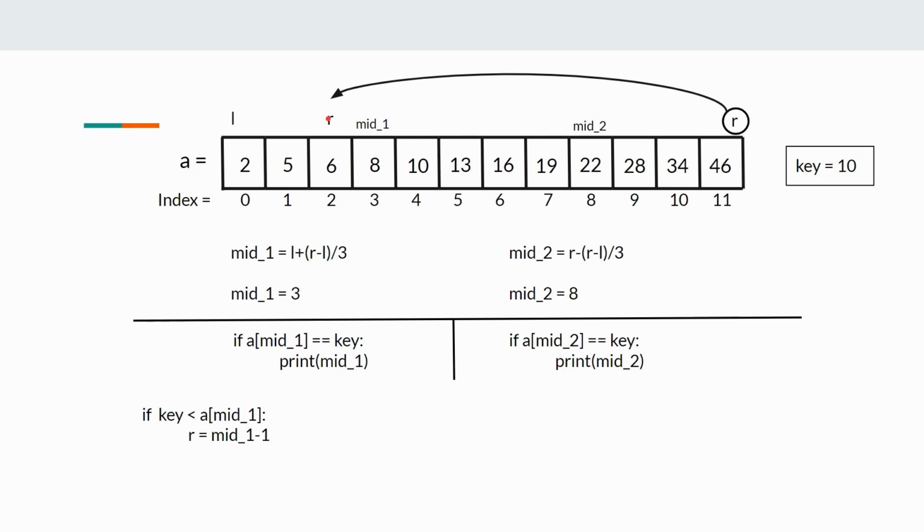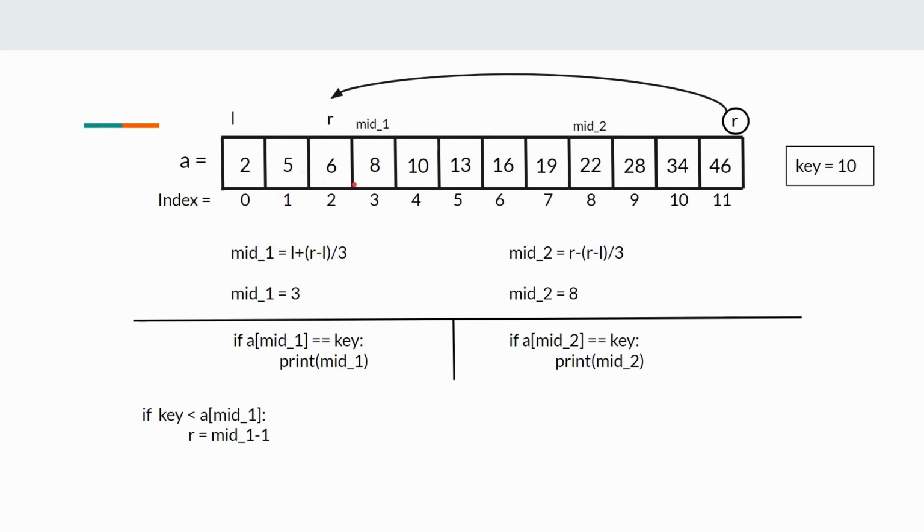If you look at it carefully, at first our searching range was from 0 to 11, and by bringing R all the way to 2, now our left is 0 and right is index 2. So we are reducing the array's length, or our searching field, by a substantial amount.